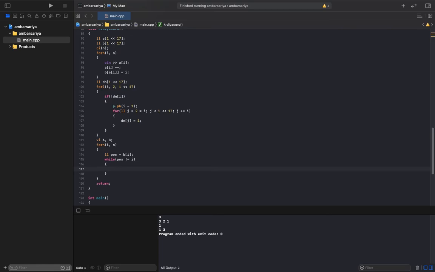Let's take 2 pointers, l equal to 0 and r equal to the size of primes. Let's do the binary search, take the mid.